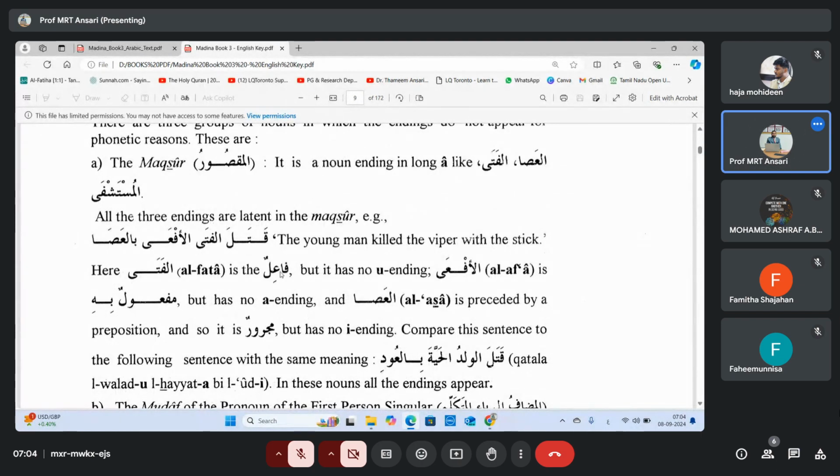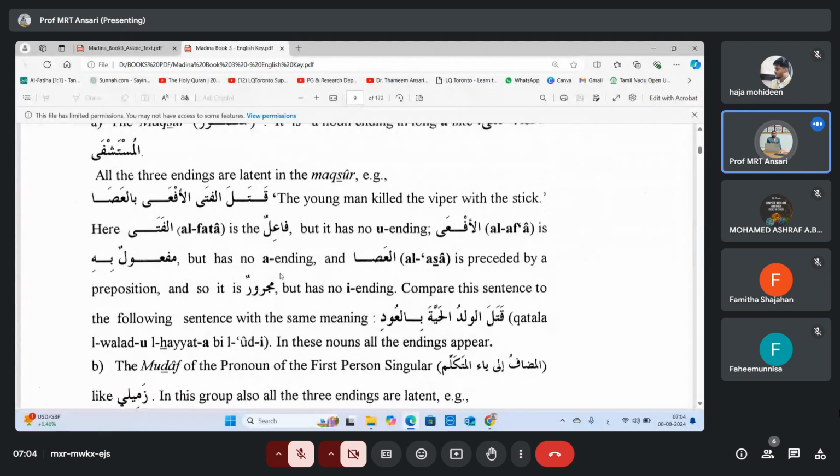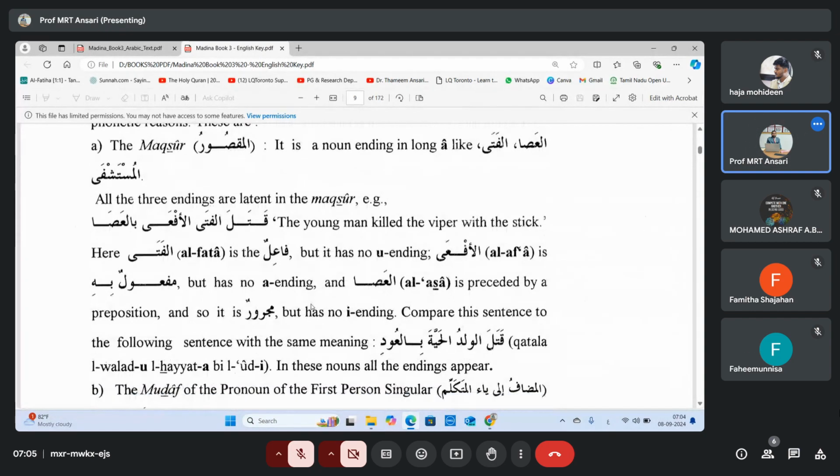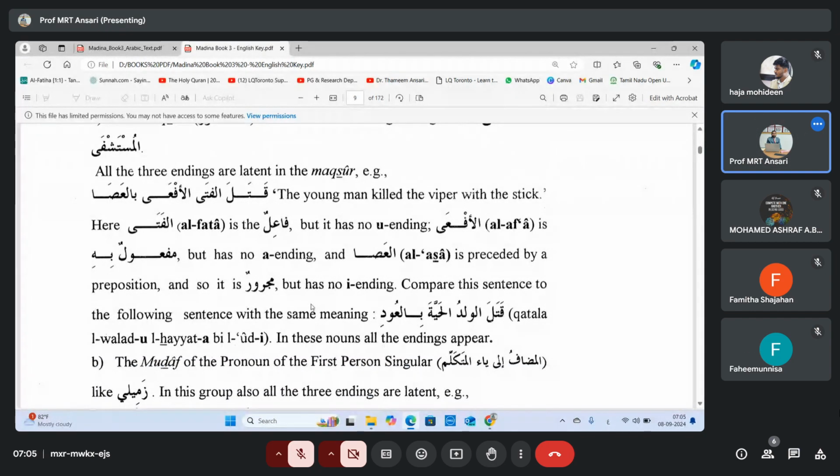One simple example that has been given by Dr. Fahasa over here: قتل الفتى الأفعى بالعصا. Qatala is a verb, al-fata is the fa'il, al-af'a is maf'ul bihi, bil-asa is jar majrur. This is the best example that I have.